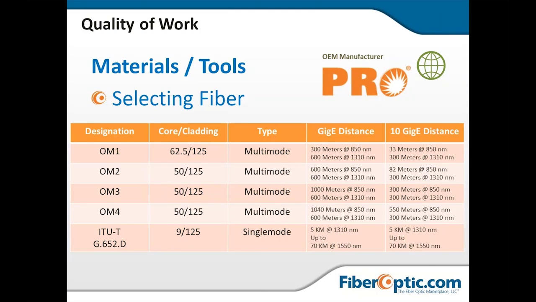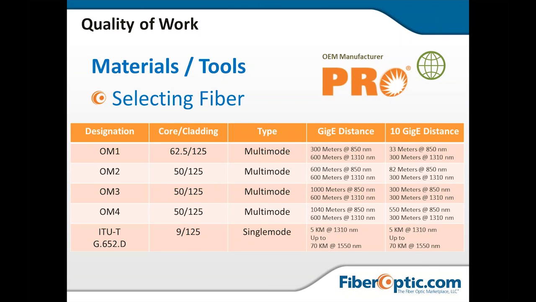And just like the customer who did, we pull those optics out and throw 10 gig optics in there. Immediately, the effective range of that optical transceiver is 33 meters at 850 nanometers. So a huge drop-off, almost 10% of the effective range that it was at 1 gig.